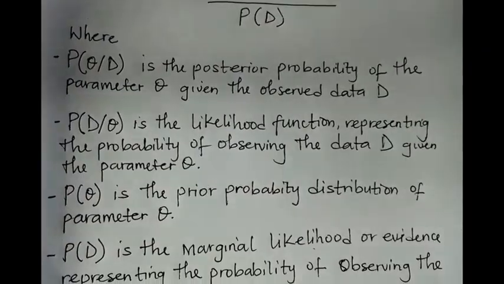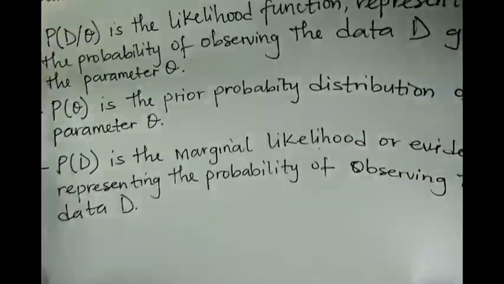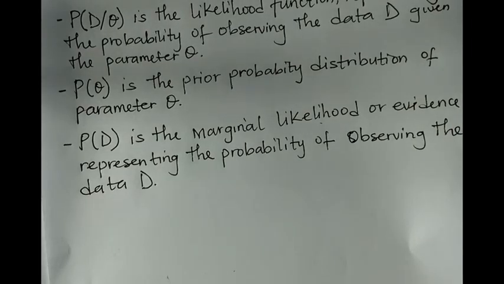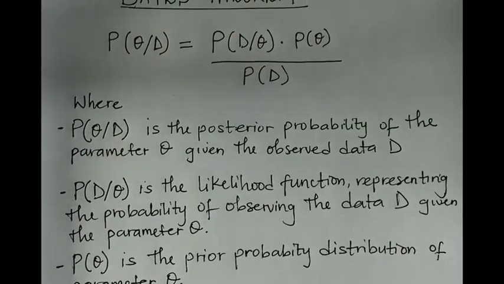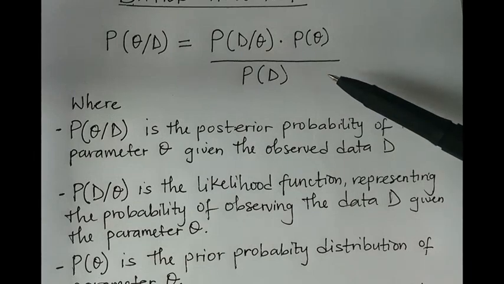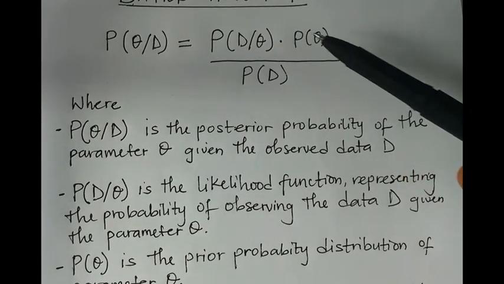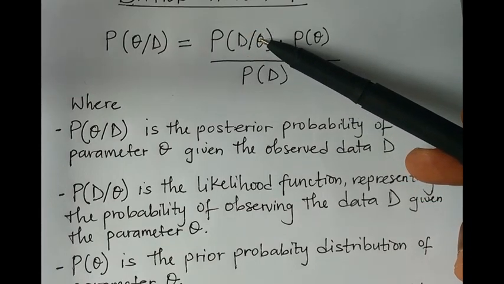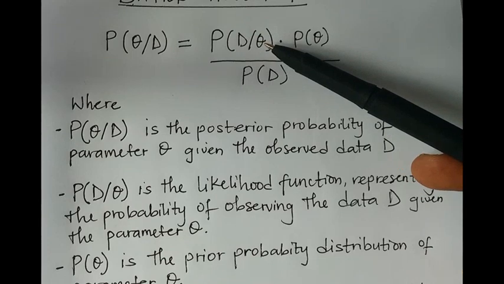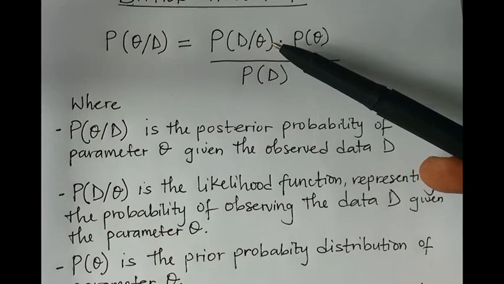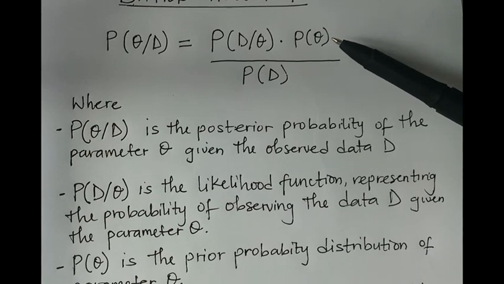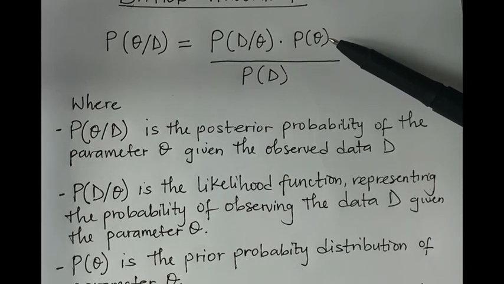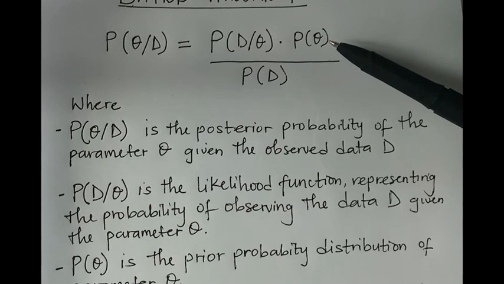So what does this mean from our definition? It means that for us to solve any question on Bayesian statistics or on Bayesian theorem, we'll have to find this, which is the likelihood function of any distribution that is given. We'll also find the prior probability distribution of the parameter in question. Here, the parameter in question is theta.